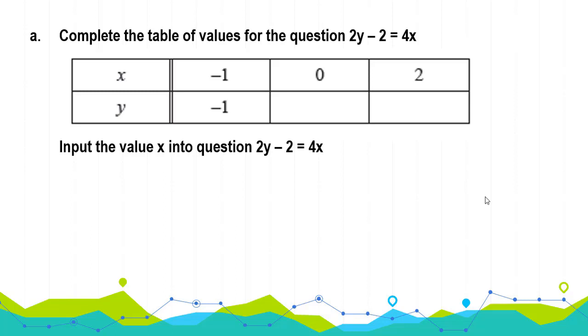So, if x equals 0, then 2y minus 2 equals 4 times 0. 2y minus 2 equals 0. 2y equals 2, and then the value of y is 1. And then write in here.